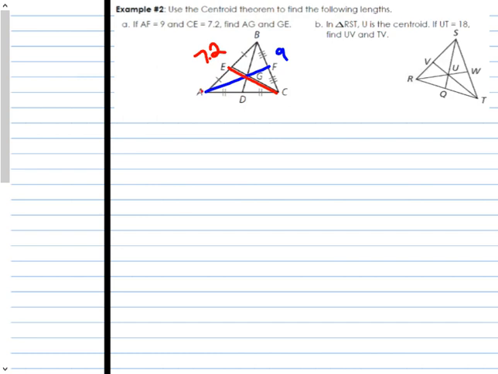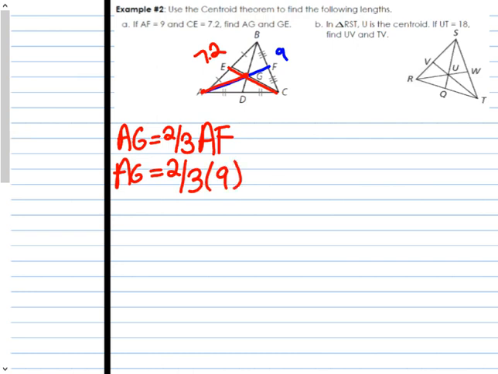Well, AG is from A to G. Okay, so it's 2/3 of AF. AG is 2/3, and we know that AF is 9. AG, 2 times 9 is 18, divided by 3, which is 6. AG is 6. So now we're going to do GE.